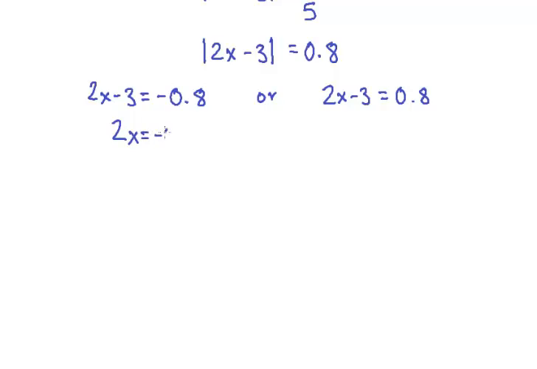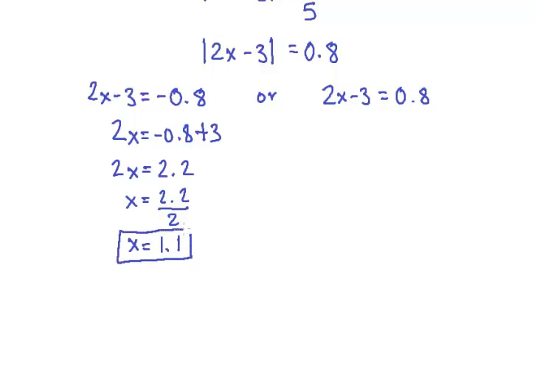2x equals minus 0.8 plus 3. 2x equals, that will give us an answer of 2.2. If we pass to divide the 2, it will be 2.2 divided by 2, and that will be as an answer 1.1. That will be the first answer of the exercise.